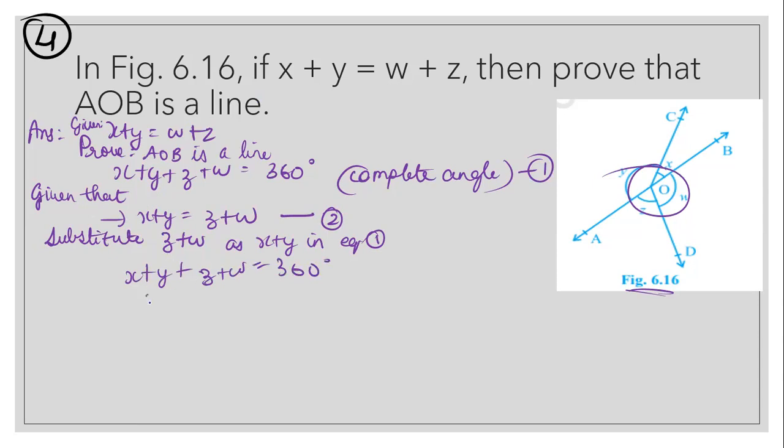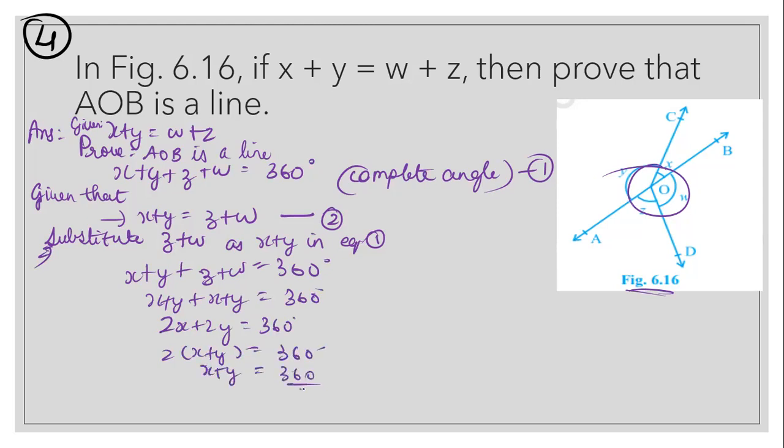So that means x plus y plus x plus y is equal to 360 degrees, right? So now this will be 2x plus 2y is equal to 360 degrees. Take 2 common out. So x plus y is equal to 360 degrees by 2. So x plus y is equal to 180 degrees, correct?